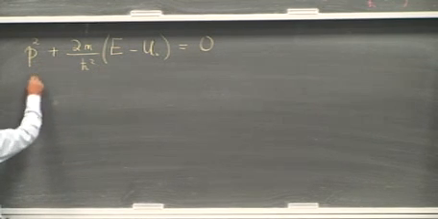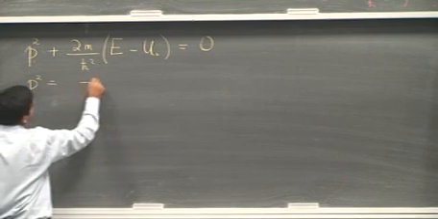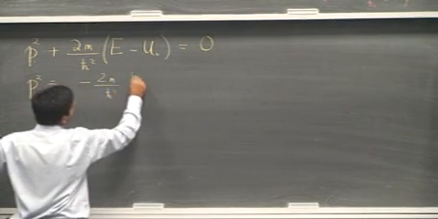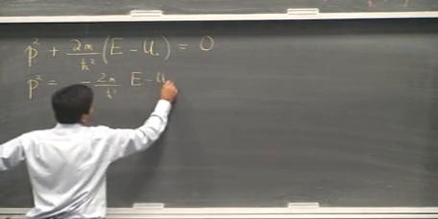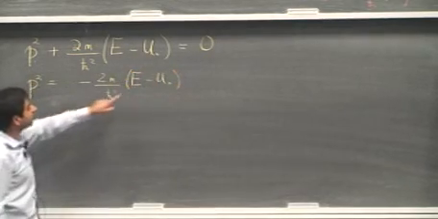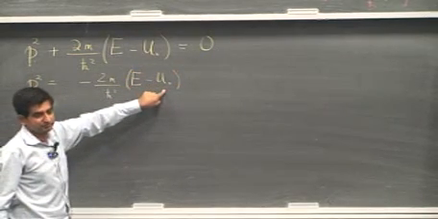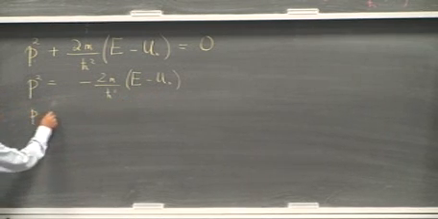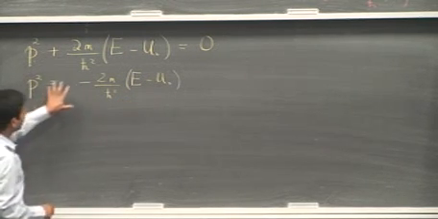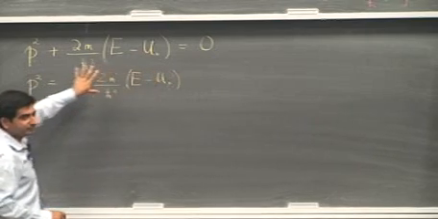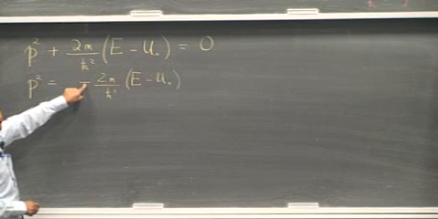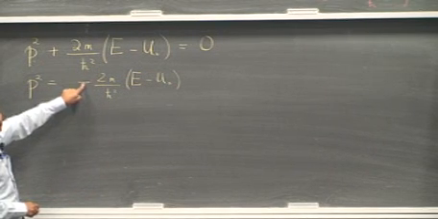The roots are p squared equals minus 2m over h bar squared times E minus U naught. Now remember, E is greater than U naught. So the roots will be the square root of this term, and the square root of minus 1 is iota.